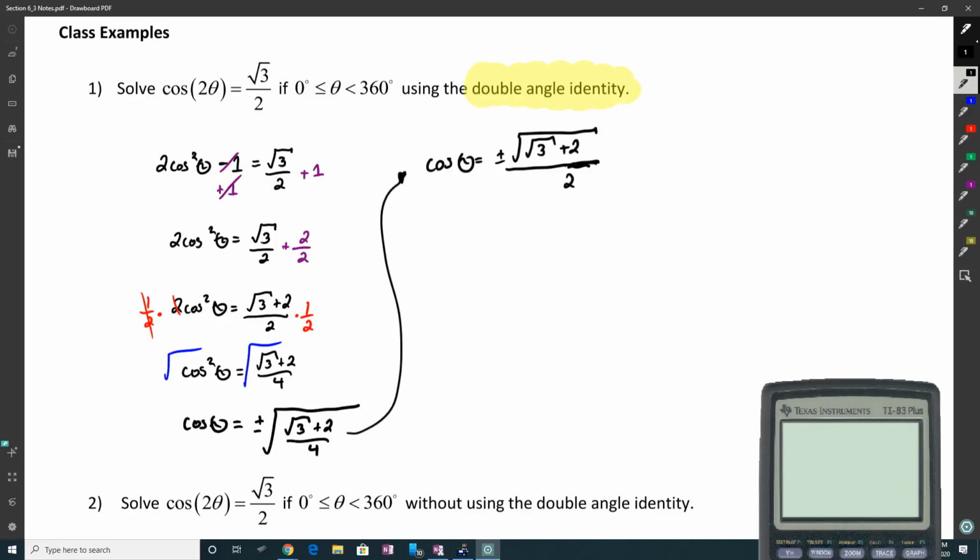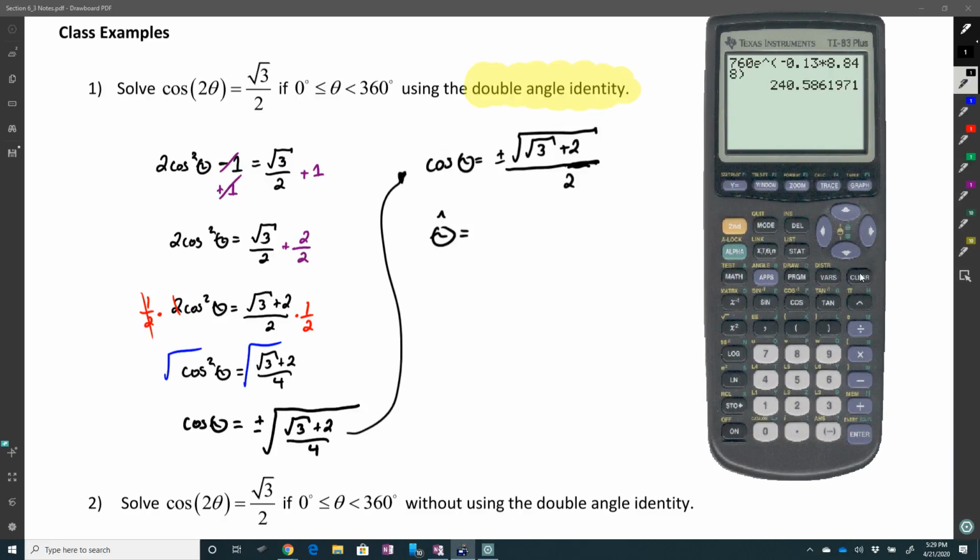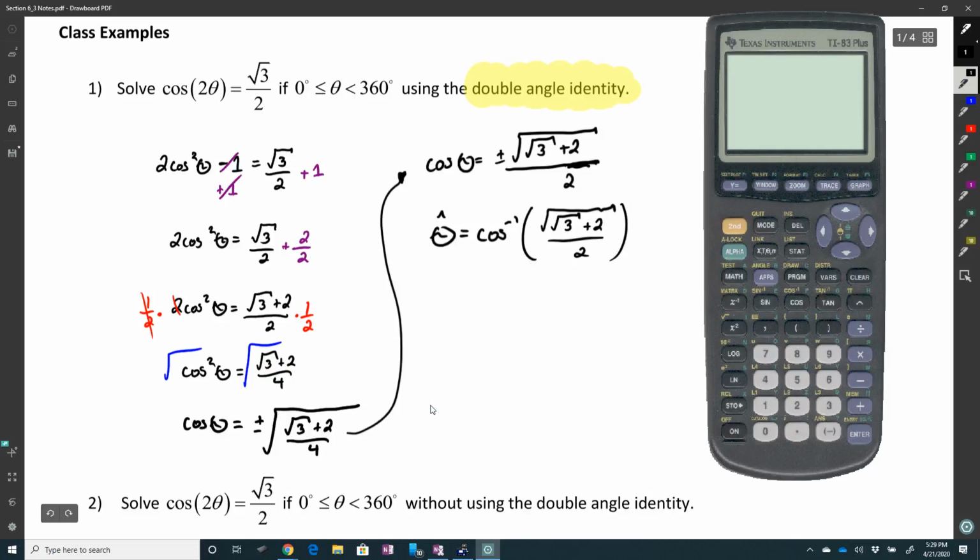So we could use the inverse cosine to figure out what our reference angles are. So theta, if I do the inverse cosine of this, notice that the answer that I get is actually not too bad. So remember, if I do arc cosine of that, and here it's going to be the plus or minus, so I'm going to be using pretty much all the quadrants.